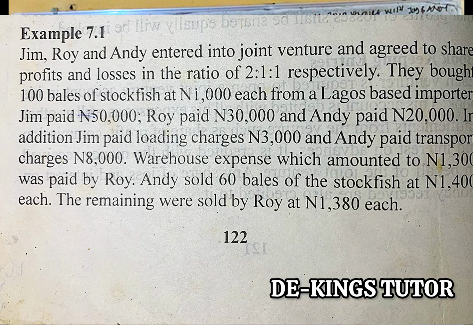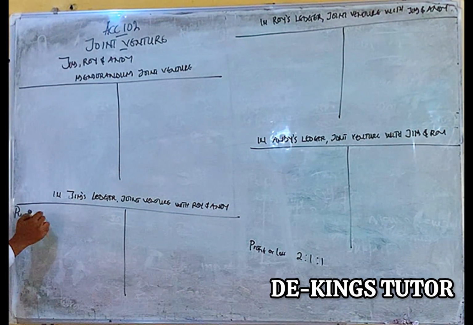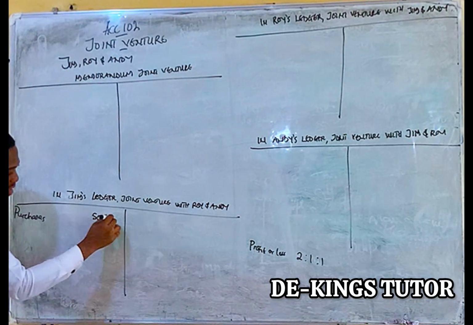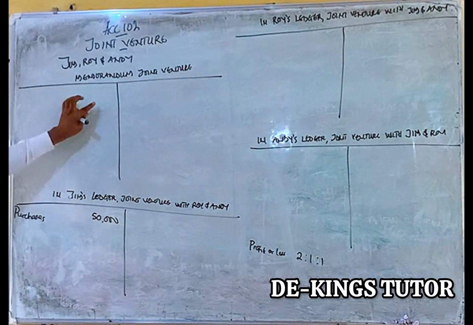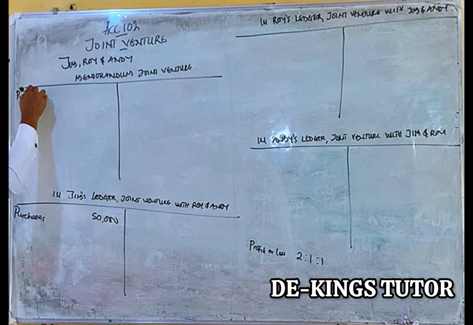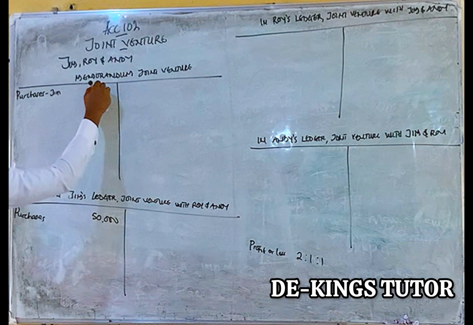Okay. Now they said Jim paid how much? 50,000. So purchases paid by Jim will be recorded in Jim's ledger. How much is it? 50,000. The same thing will appear here. So purchases, paid by Jim, 50,000.